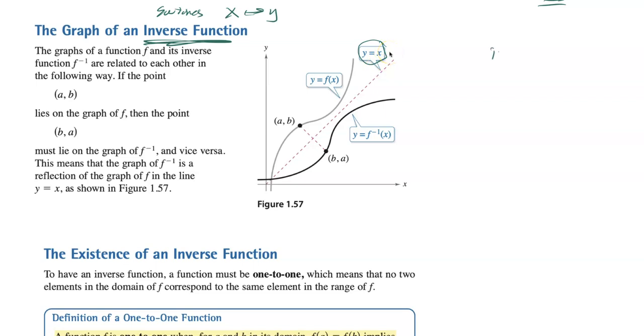Easiest way to find the inverse is literally just get a point (a, b) and then switch it to (b, a). So switch the x and y values. If you want to graph an inverse, the easiest way is just get the points and then flip them. When you graph it, it's going to flip perfectly across this y equals x line. So that's how you can tell when something's an inverse. It should flip perfectly across the y equals x line.